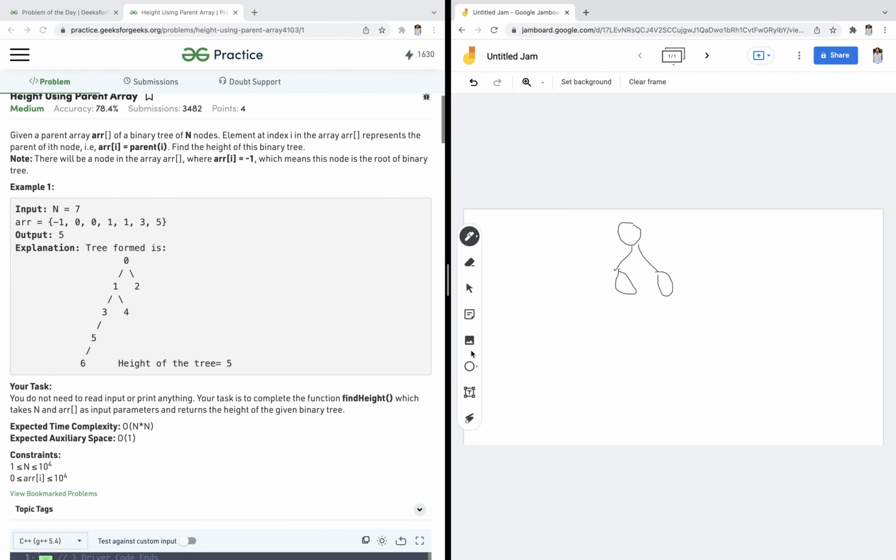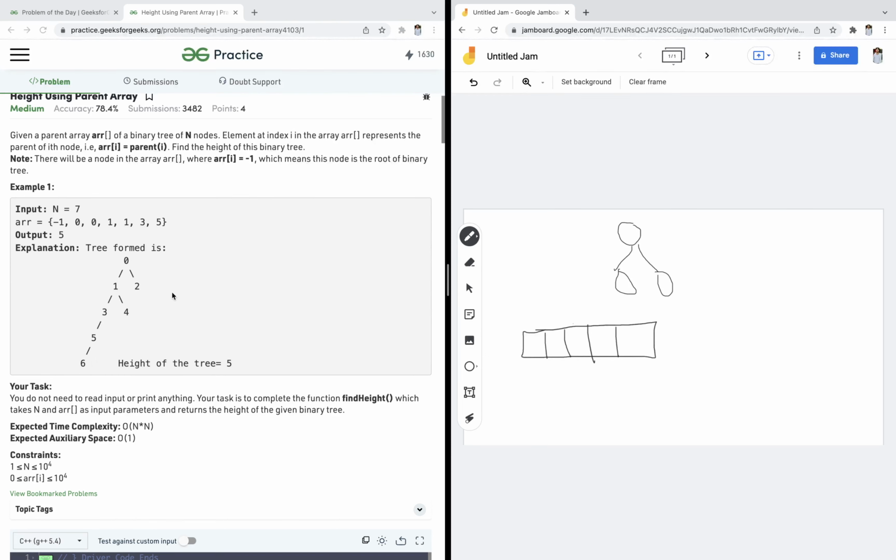So let's draw this array. They want the height of the tree, right? The height of this tree is level 1, level 2, level 3, level 4, level 5. So 5 is the height of the tree.